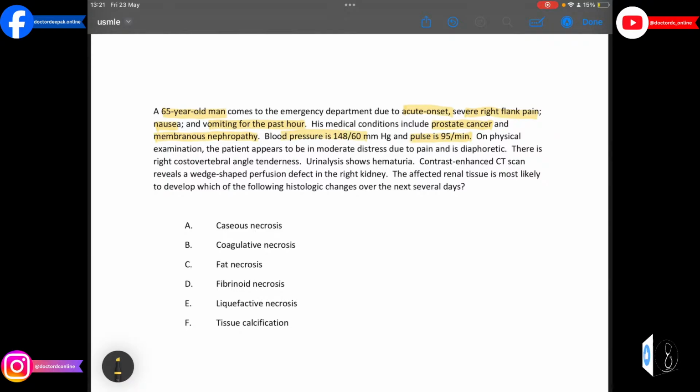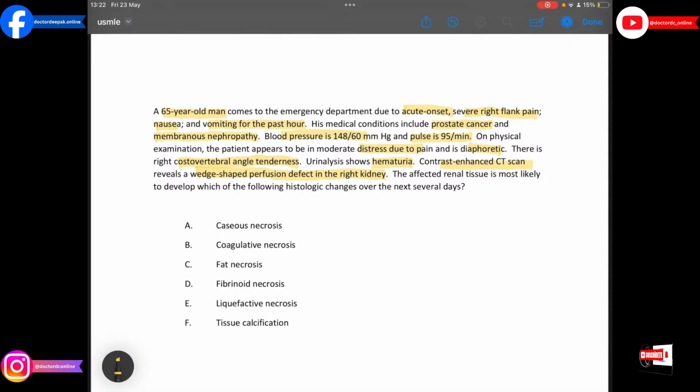On physical examination, the patient appears to be in moderate distress due to the pain and is diaphoretic. There is right costovertebral angle tenderness, urinalysis shows hematuria, and a contrast-enhanced scan reveals a wedge-shaped perfusion defect in the right kidney. The affected renal tissue is most likely to develop which of the following histological changes?